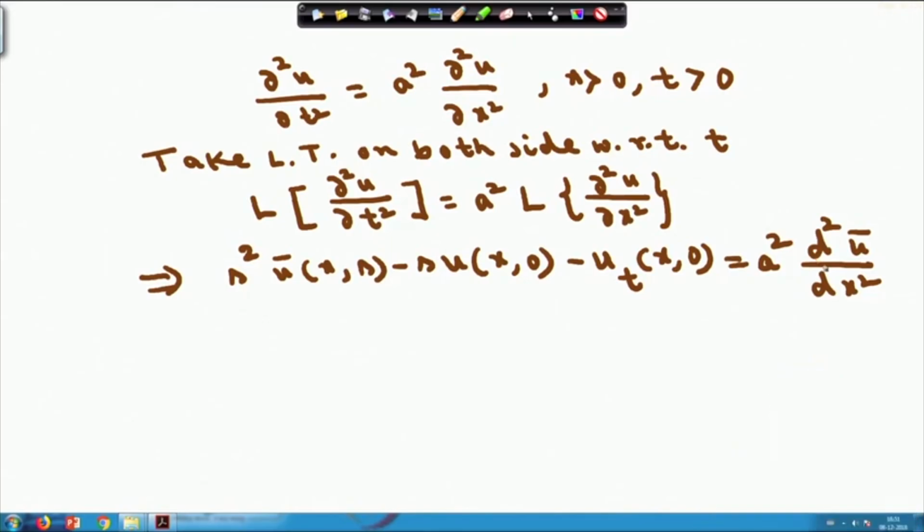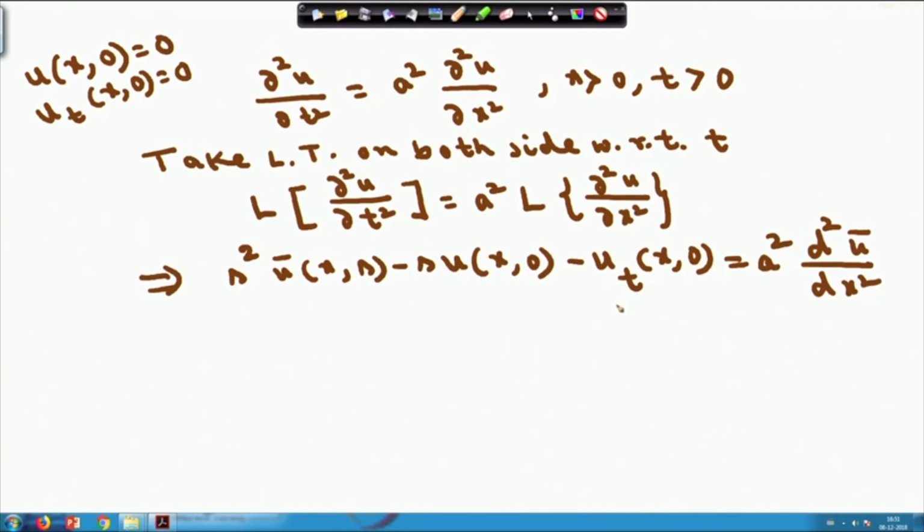Now, the values of u(x,0) and u_t(x,0) are known to us. If you remember from the earlier one, u(x,0) is 0 and u_t(x,0) is also 0, and it is given to us.